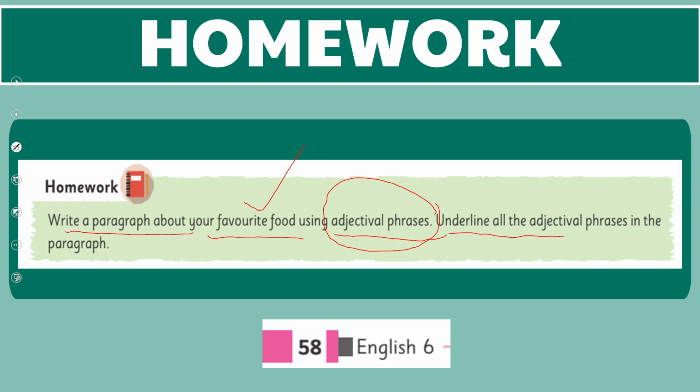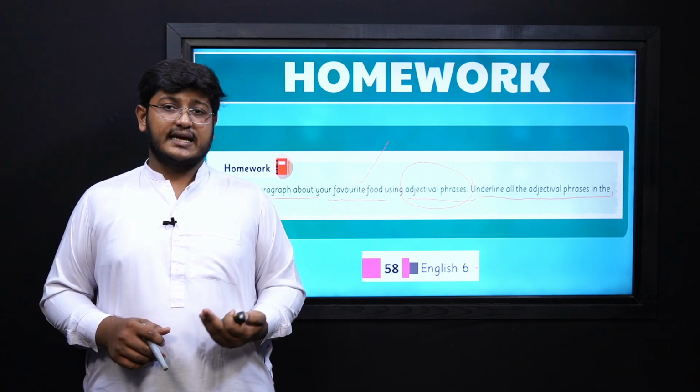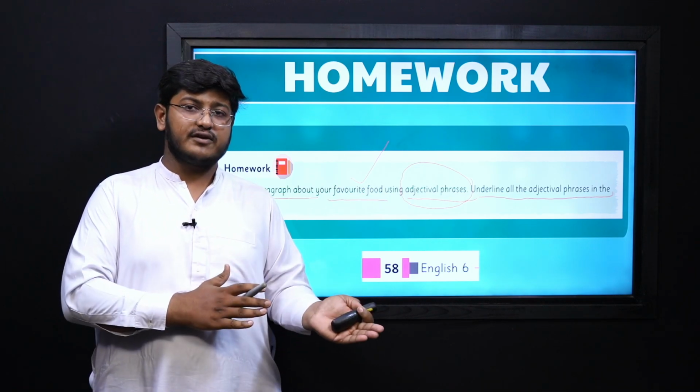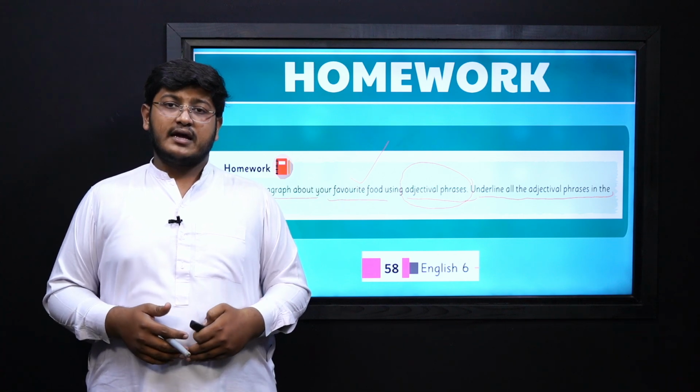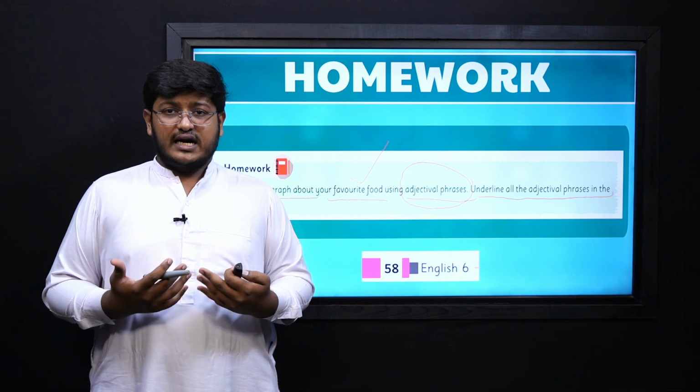So underline the adjectival phrases in the paragraph which you have written. Firstly, you have to write a paragraph and use adjectival phrases in that paragraph, and then you have to identify and underline the adjectival phrases and list them. This will make the SLO achievable.